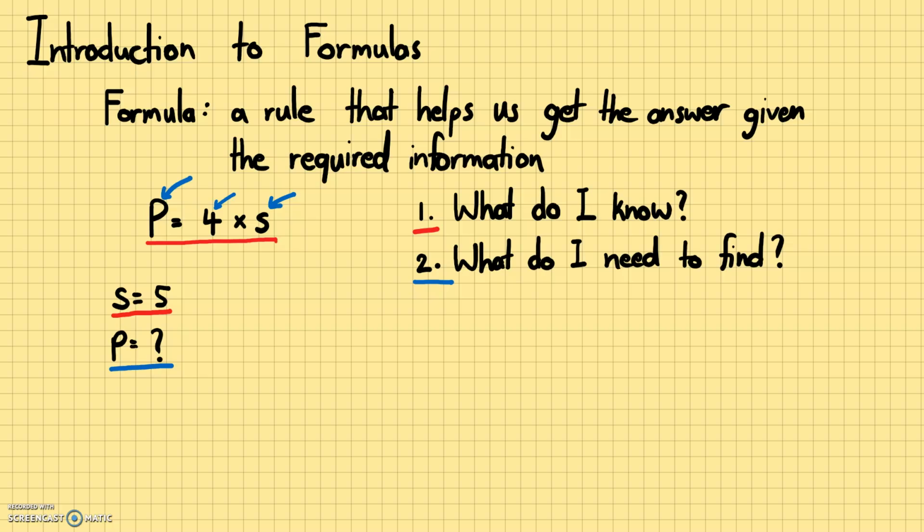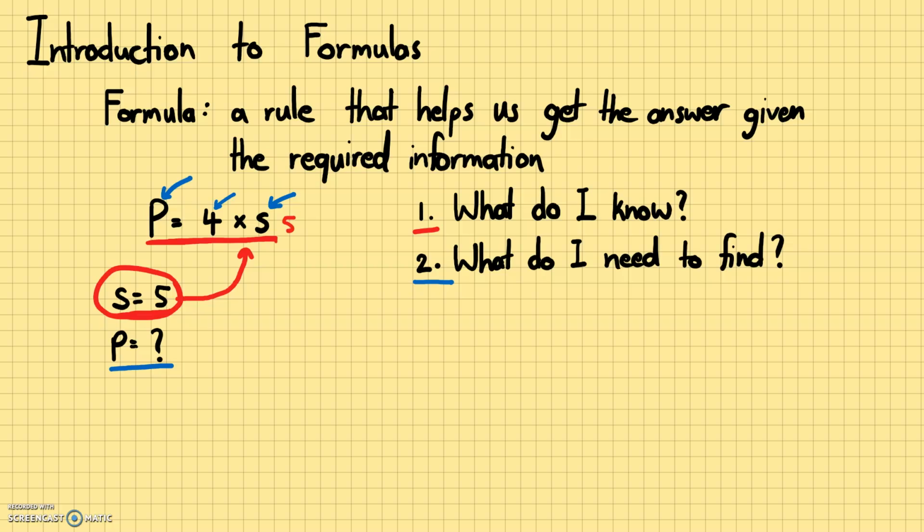Okay, so how do you find P? Well, you just gather the information that you know. So you know that S equals 5. You also know this formula here. So you just put what you know inside the formula. So that means I'm putting 5, because S is the same thing as 5.